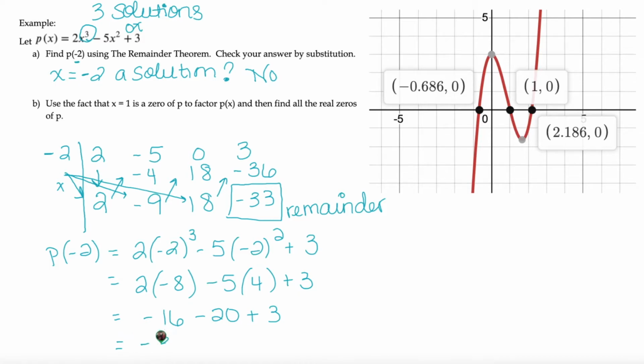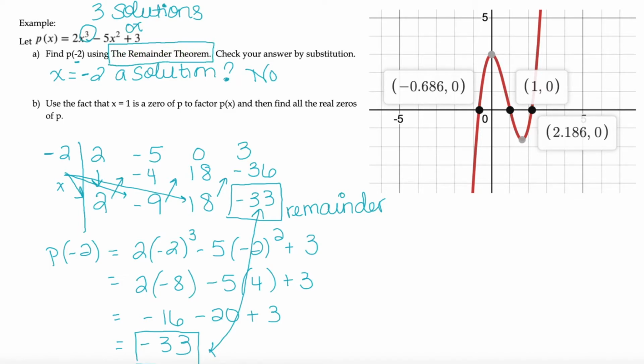Notice what happens. This is not a coincidence: when I substitute the value of negative 2 into the polynomial and when I use synthetic division, my remainder is the same. This is the exact remainder theorem we talked about on the front page. Directly correlated, not a coincidence.